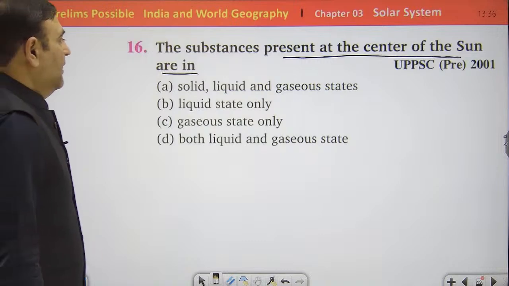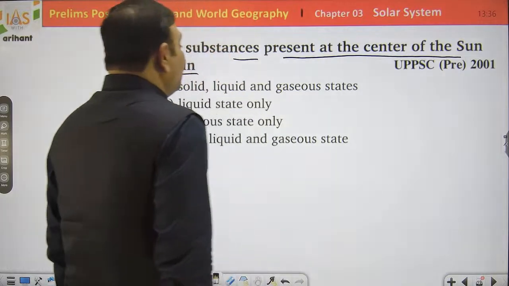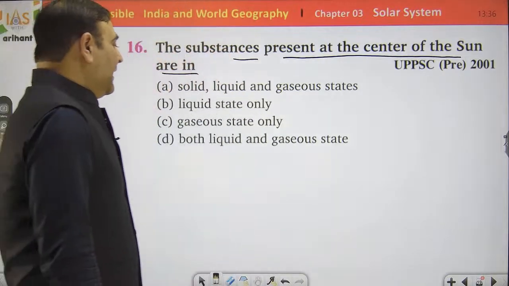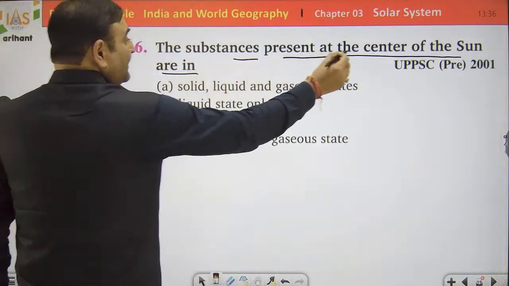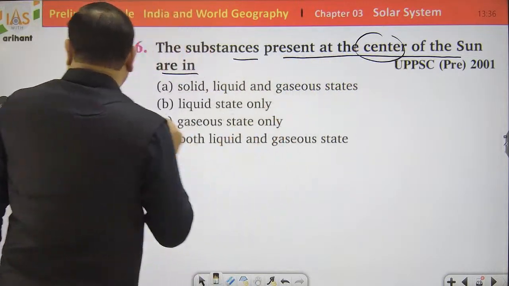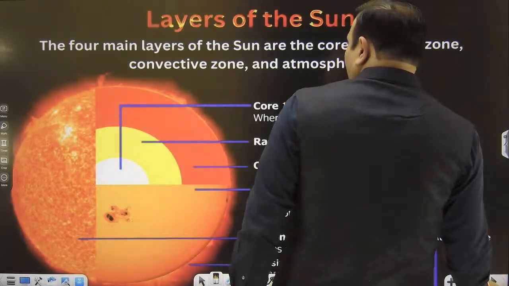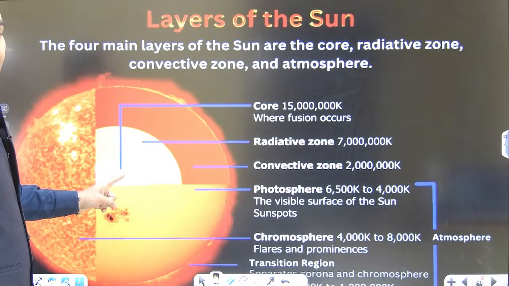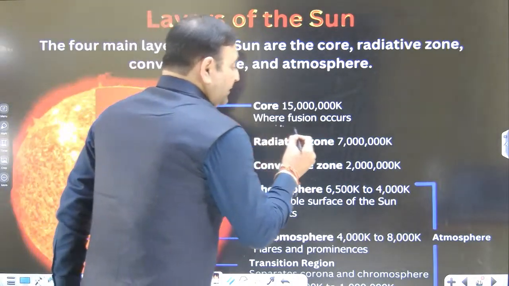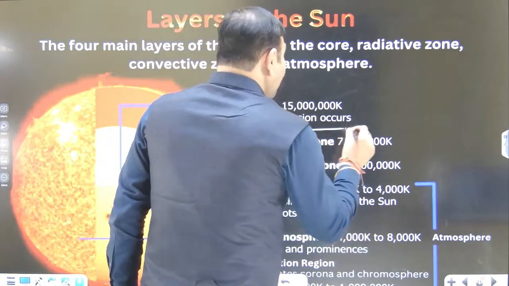The substance present in the center of the sun is in solid, liquid, gaseous, liquid state, gaseous state, or both. See, when I'm talking about the center of the sun, it is the core of the sun, where the fusion occurs.